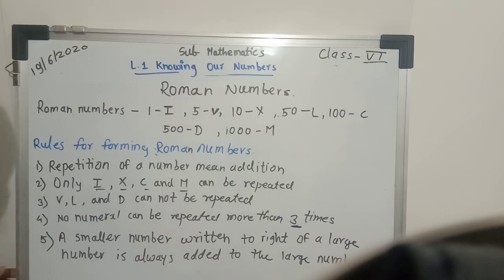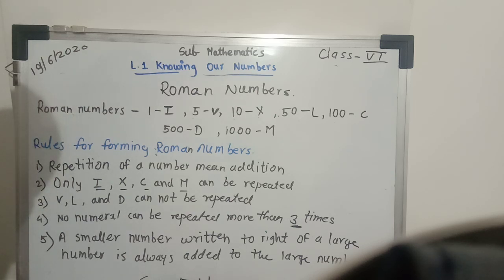Now the fifth rule of forming Roman numbers is that a smaller number written to the right of a large number is always added to the large number. For example, if I want to write 6, what is the Roman number for 6? We have to do 5 plus 1.